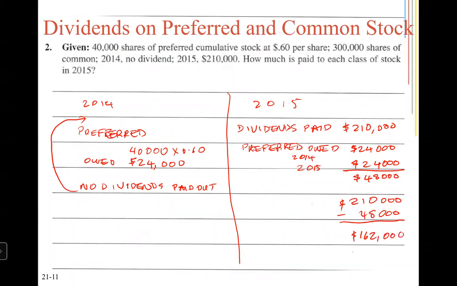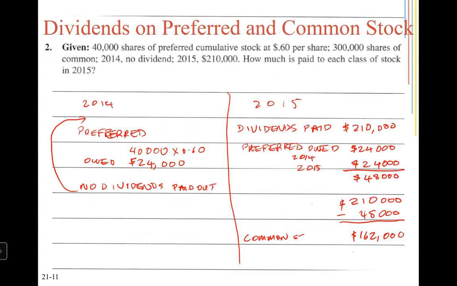So that goes to the common. They get a total of $162,000 among the common shareholders.